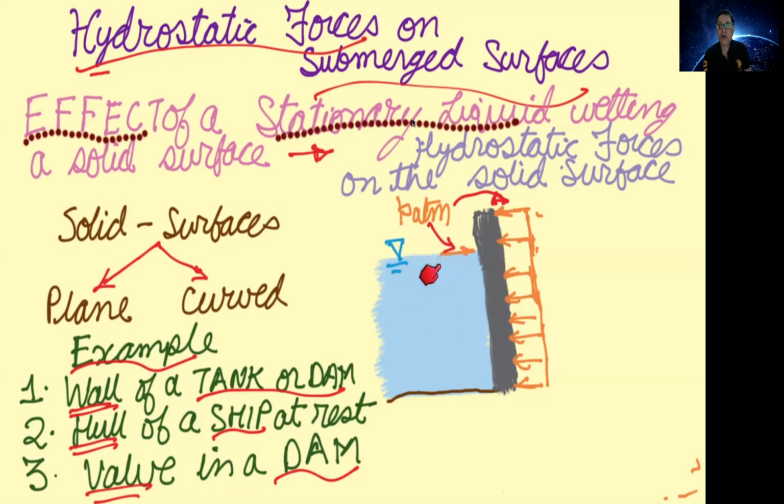And as you go down, as discussed in the previous topic, in the deeper layers, the pressure increases. In the previous topic, it was shown that there is a linear increase in the pressure. So the linear increase in the pressure is shown here. This figure shows you the pressure distribution on the left and right surface of a vertical wall, which is shown here.